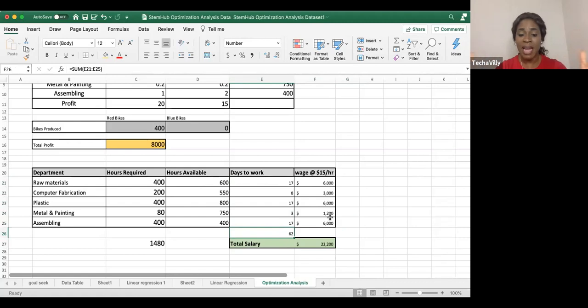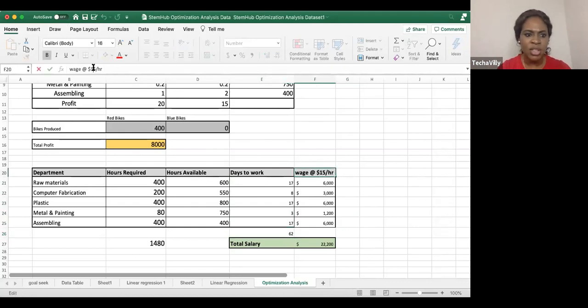It gives them an idea of their cost. And then if they say, okay, we don't want to pay $15 per hour, let's change this, so they decide to change it to $10 per hour. If we don't want to pay too much money, how much are we going to pay?